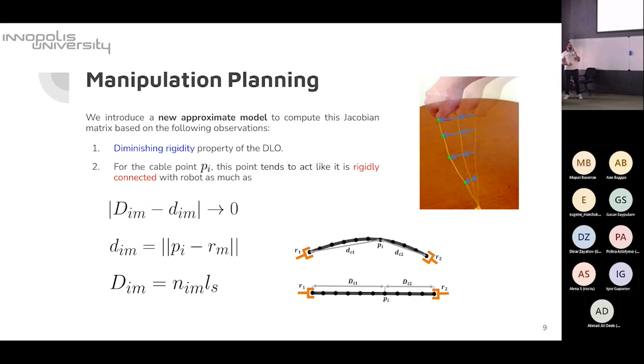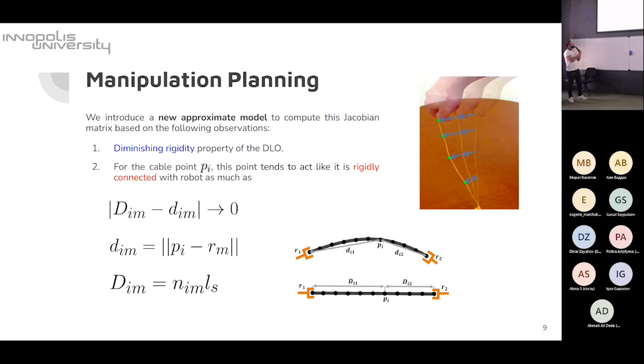Here we are introducing an approximate model based on two observations. The first observation is the diminishing rigidity property of the cable, which means, as can be seen from the figure above, the grasp point, the point at the top, is moving completely rigidly with the hand, while as we go farther from the hand, the points start to act less rigidly.